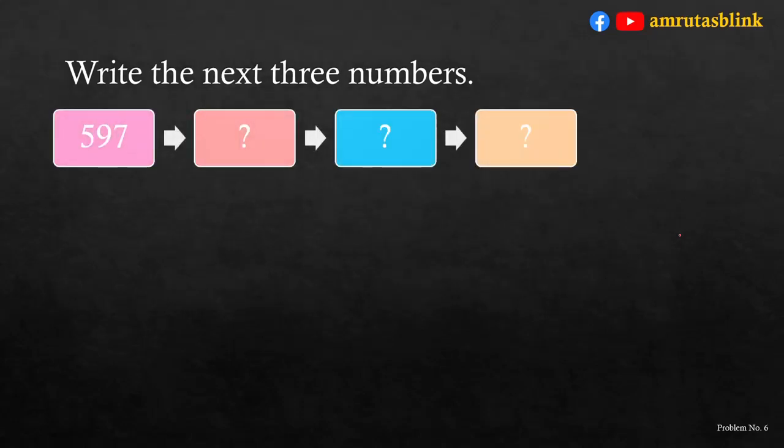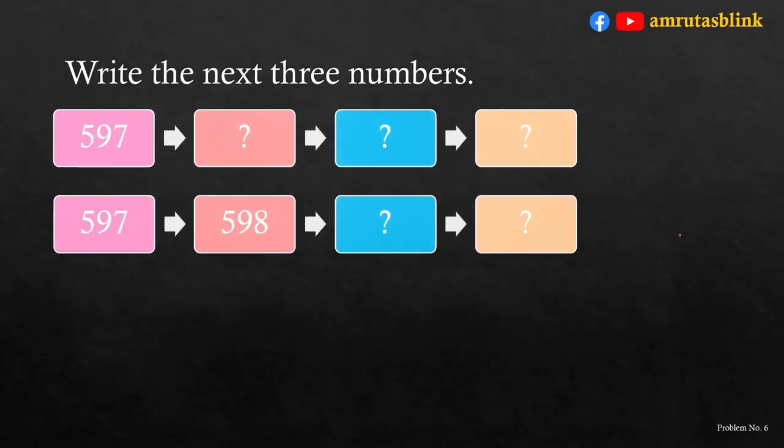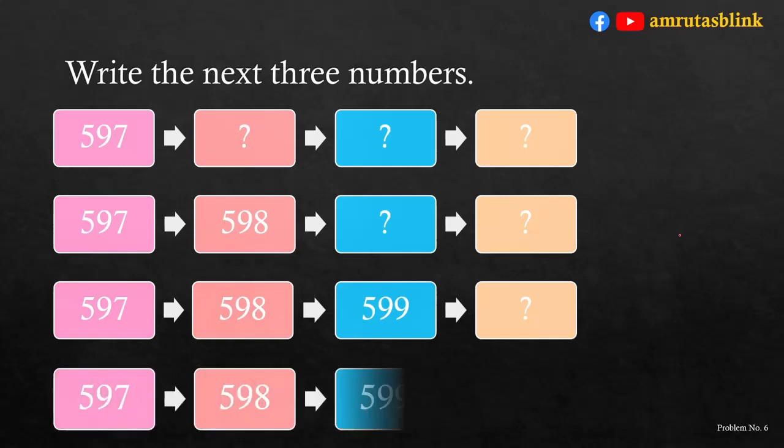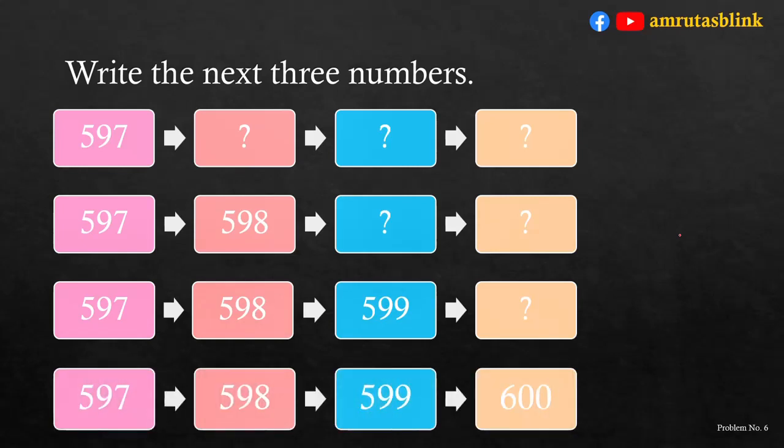Now 597. So 597 plus 1 is 598. 598 plus 1 is 599 and 599 plus 1 is 600. So the next 3 numbers for 597 are 598, 599 and 600.